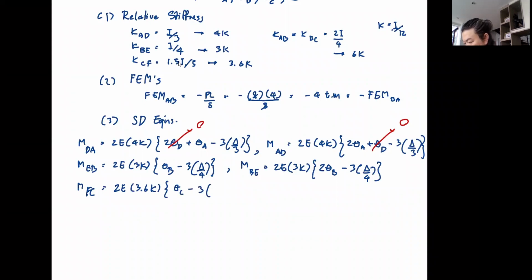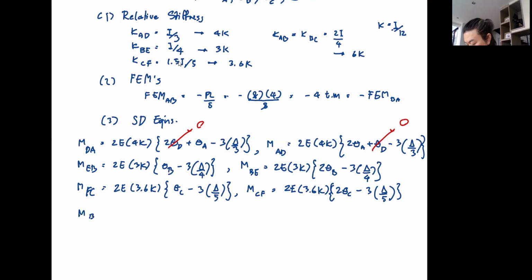This term is delta over 5, and your MCF is 2E 3.6K and 2 theta C minus 3 and then delta over 5. Okay. Like that. Okay. Now we move on to the beam member, so to speak, horizontal member.